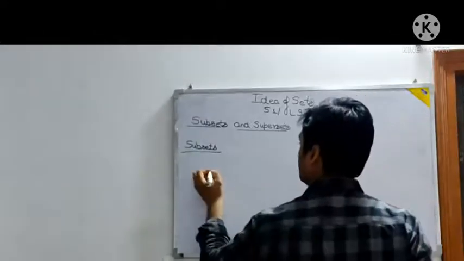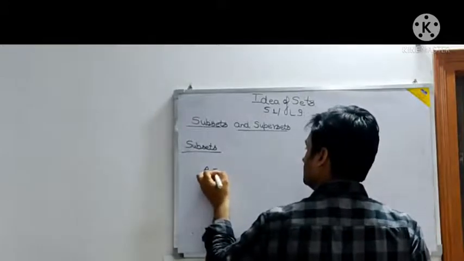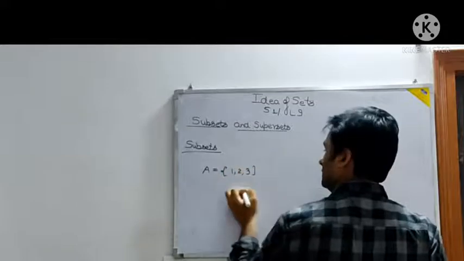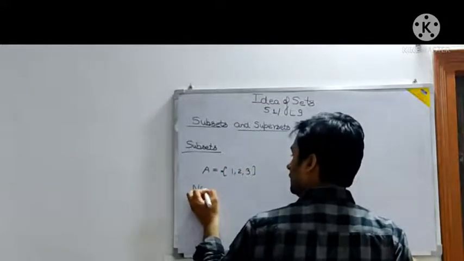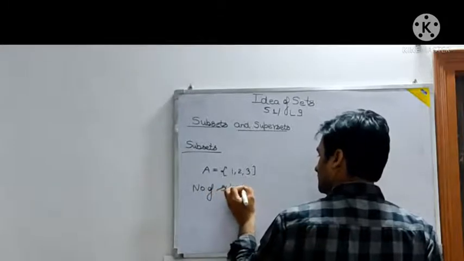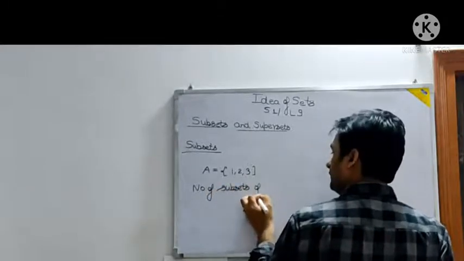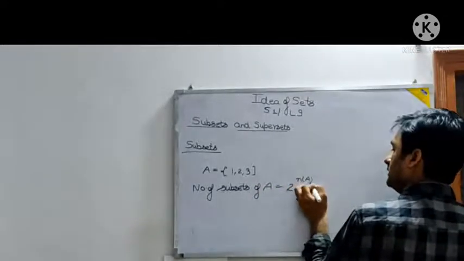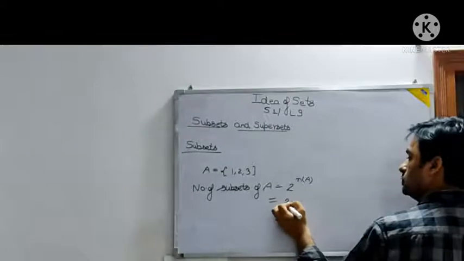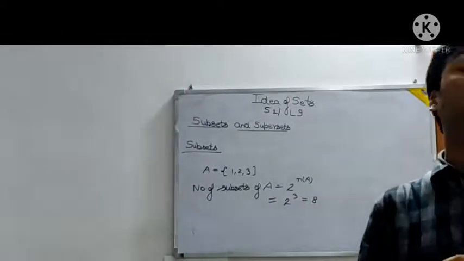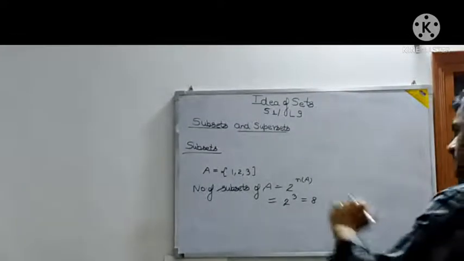Suppose A is equal to 1, 2 and 3. Then the number of subsets of A is equal to 2 to the power n of A, which is 2 to the power 3, which is 8. 8 subsets will be there. What are all those 8 subsets?